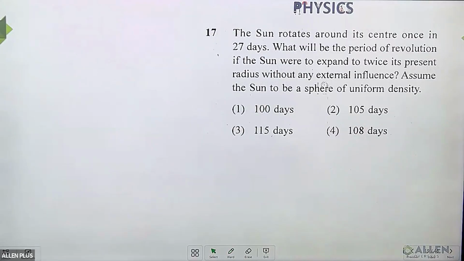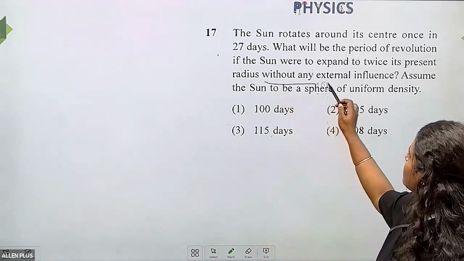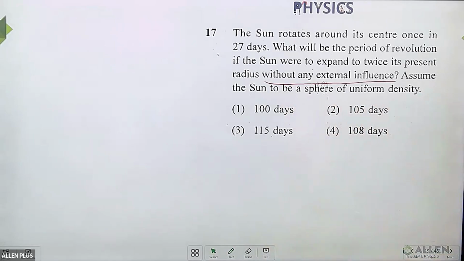The sun rotates around its center once in 27 days. What will be the period of revolution if the sun were to expand to twice its present radius without any external influence? Without any external influence, this phrase you have to notice. It means they are actually talking about conservation of angular momentum.